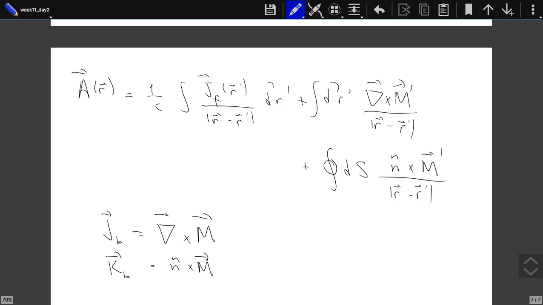Now we have the curl and the cross product with the normal direction. Well, let's see. These are multiplied by c.